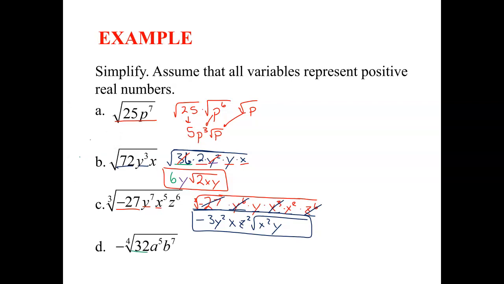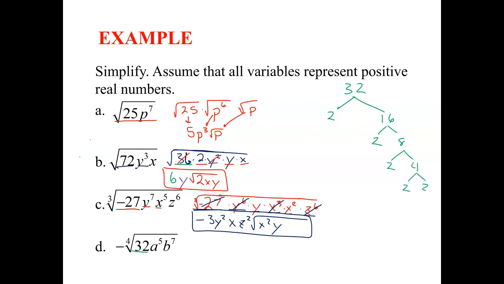All right, what's a factor of 32 that has a fourth root? 8 has a third root, not a fourth root. You can also do a factor tree. Let me take a second to do a factor tree. Okay. Get your prime factors.